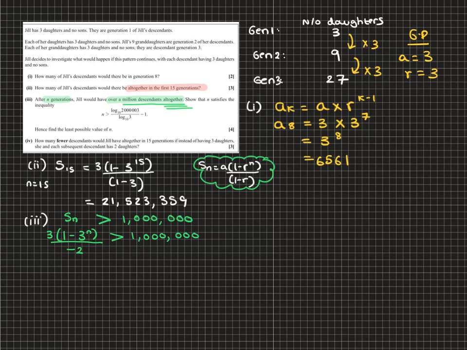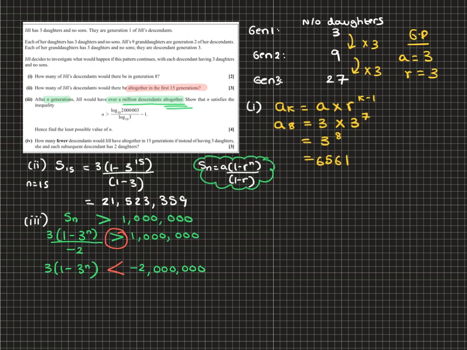1 million, like so. I'm going to multiply both sides by negative 2. So I've got 3(1 minus 3 to the n). And we're multiplying by a negative sign, so don't forget we need to reverse this inequality here. So I've got negative 2 million on the right-hand side.